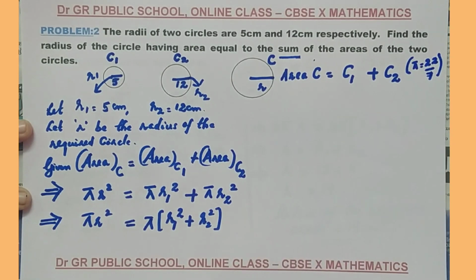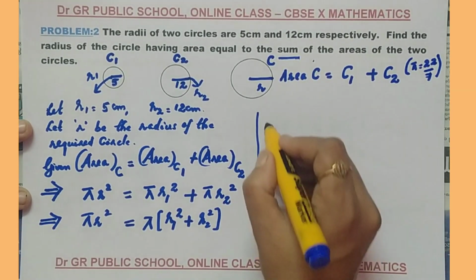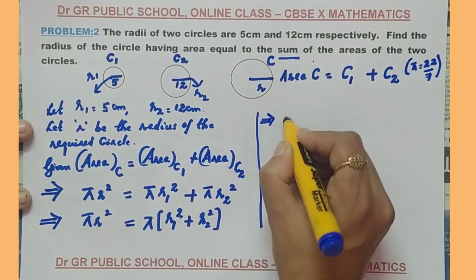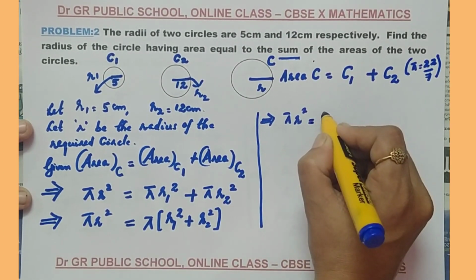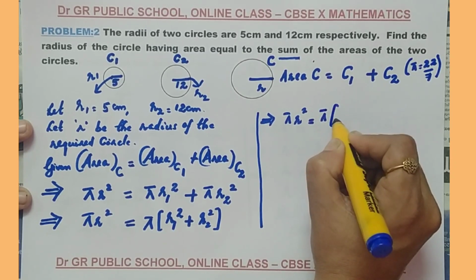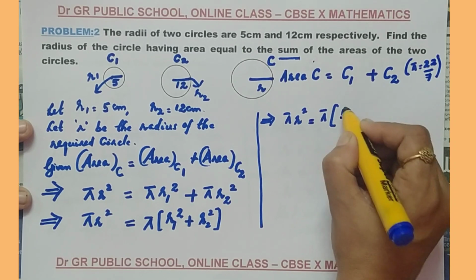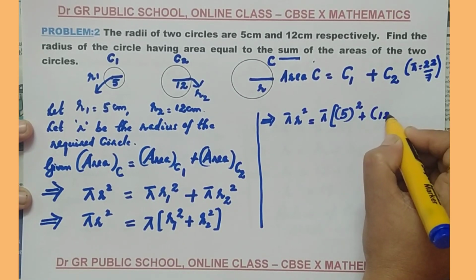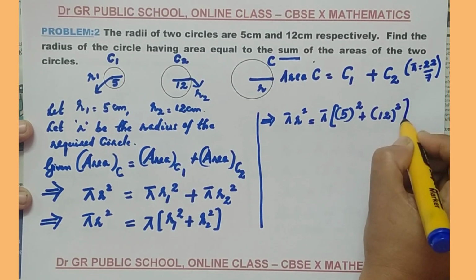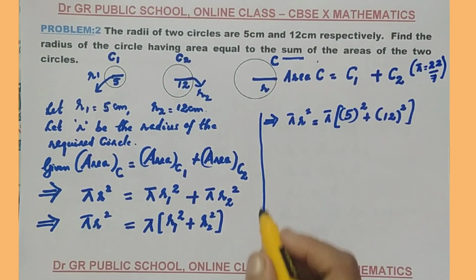Okay. Now, I am going to substitute the values here, which implies pi r square, that you need to find, equal to pi outside the bracket. What is r1 square? R1 square is 5 square plus the r2 square is 12 square. Either in this step or in the next step, you can cancel the pi.